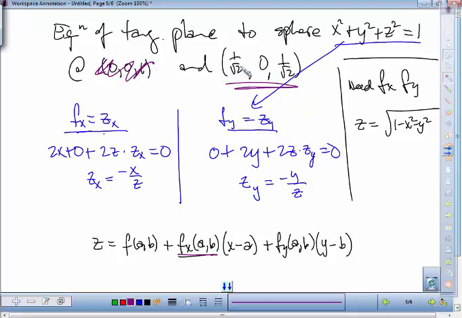Let's find the equation of the tangent plane to this graph right here. So what's my fx going to be? I'll put fx in quotes here. One of the things that you notice is that in a lot of cases you're usually just given the a and b values, and then you have to find the c value or the z component.